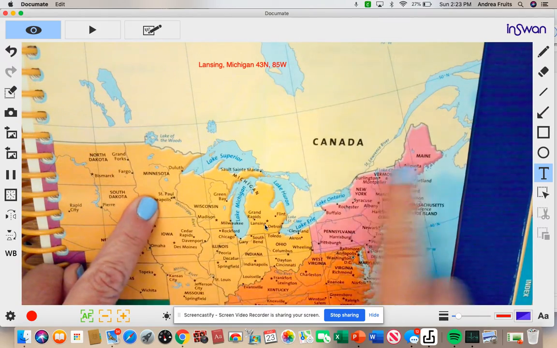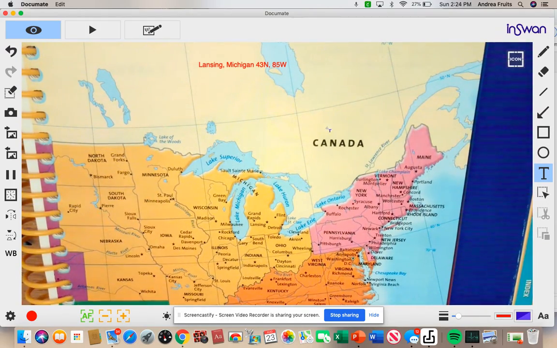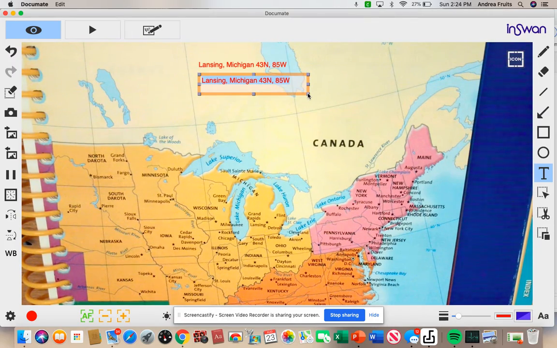St. Paul is almost right in the middle of 40 and 50. So I'm going to put down here for St. Paul, Minnesota, 45 degrees north.